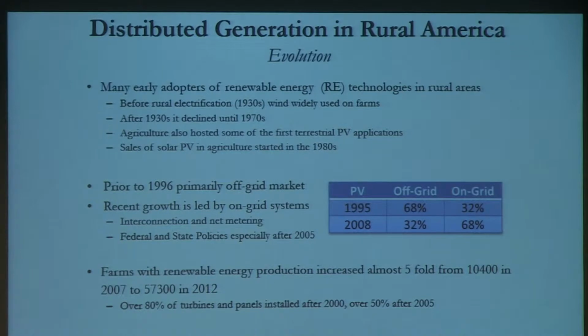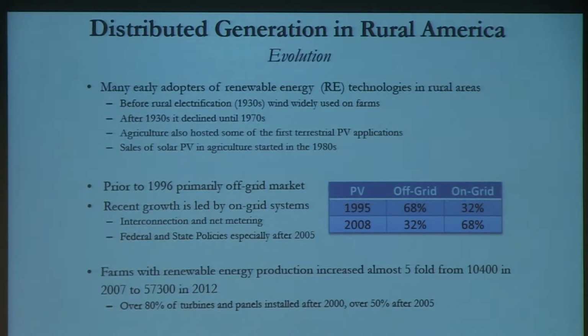After the 1930s and rural electrification, we had a reduction in wind used in agriculture. However, around the 1970s, we start seeing more wind used again in agriculture, as some farmers were interested in self-reliance. PV solar entered the picture in the 1980s, and some of the first terrestrial PV applications were in rural areas and agriculture.